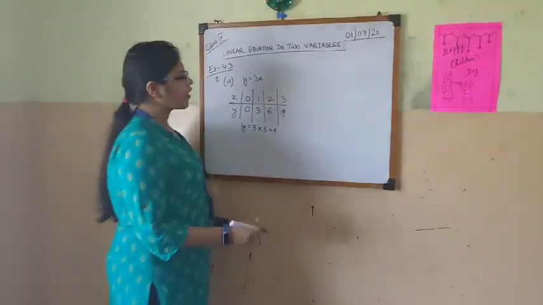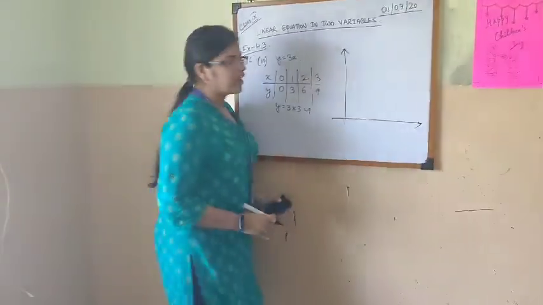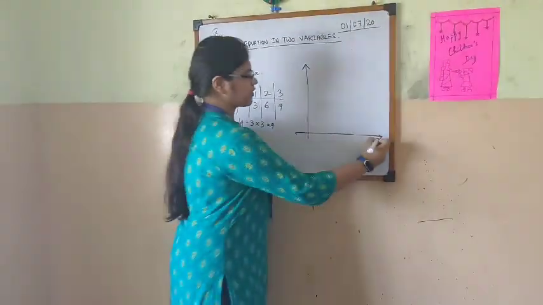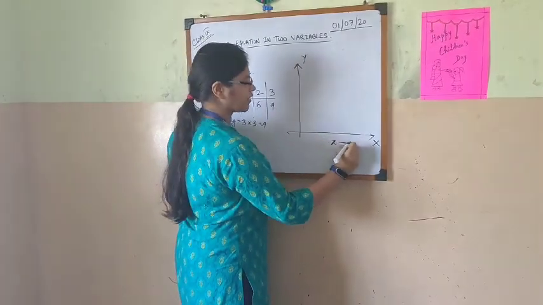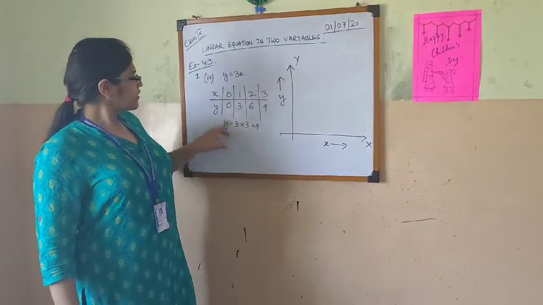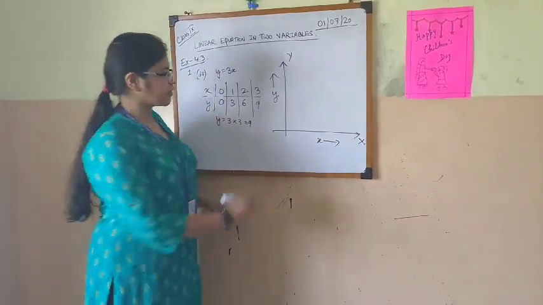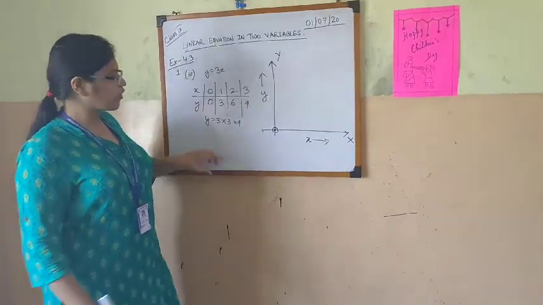Now we will draw a graph. In the graph, again x-axis and y-axis. I am plotting x on the x-axis and y on the y-axis. So x is 0, y is 0 at first, so this will be one point. Then the next point is (1, 3).